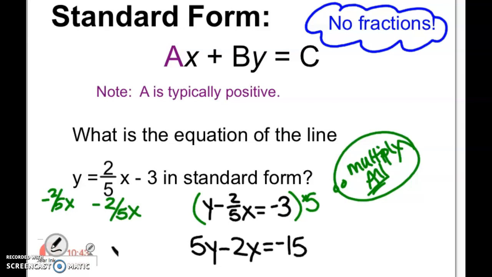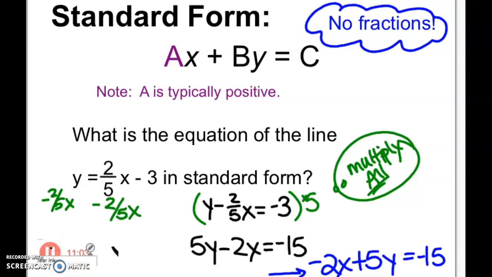All right, and now we have it almost in standard form. We do want the x in front. So just kind of switch them over. So the -2x comes first. The 5y comes second. And then the -15 on the other side. So x, y, and there you go. Oh, it's negative, yeah.